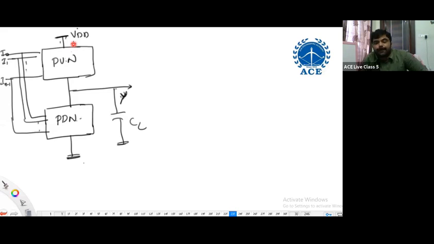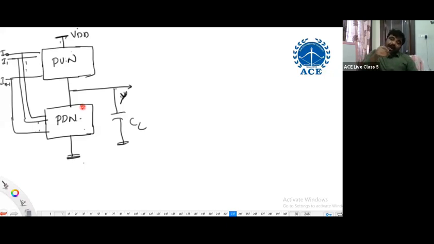So what we can say here, in CMOS, as there is no possibility of switching on both N-channel MOSFETs and P-channel MOSFETs, or the pull-up network and pull-down network, in static input conditions, that is the reason there won't be static power.